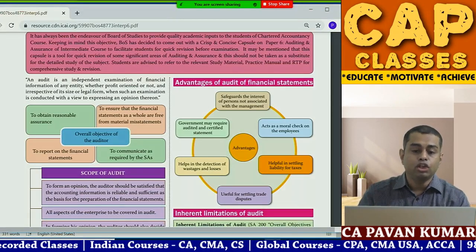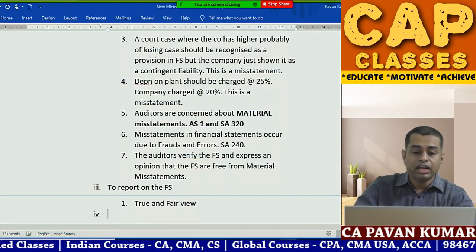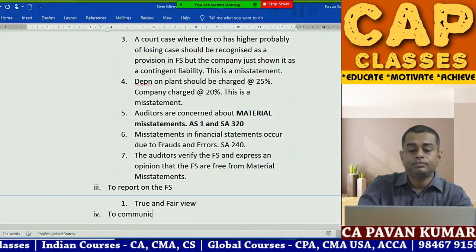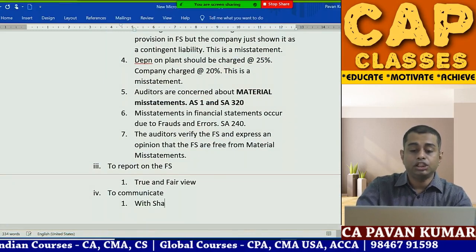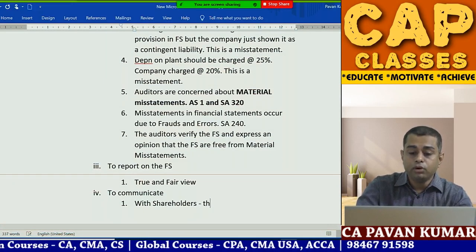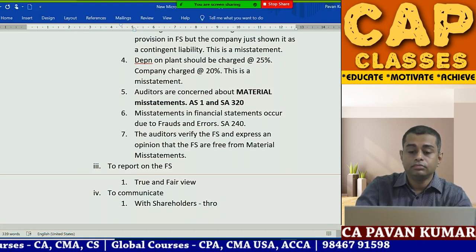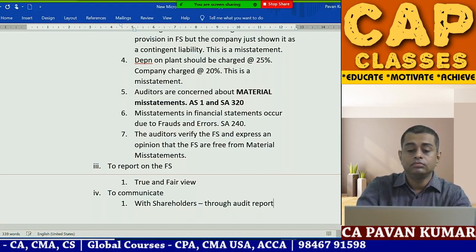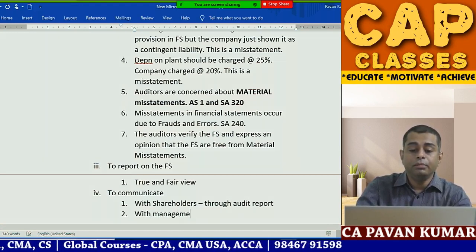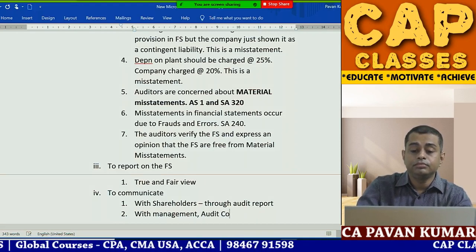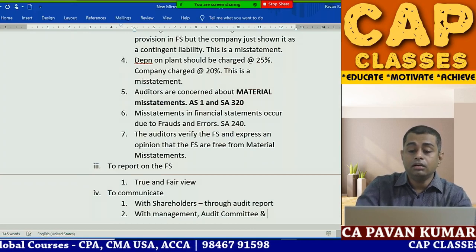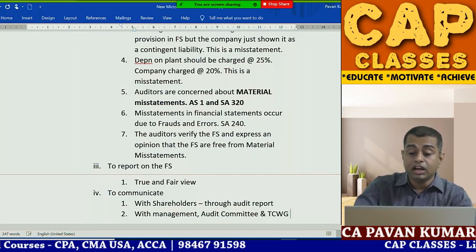And then the fourth one is to communicate: to communicate with shareholders through the audit report, with management, the audit committee, and those charged with governance.